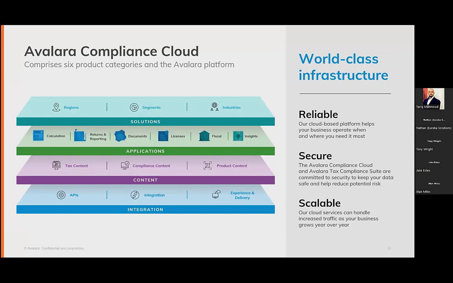We can manage exemption certificates for sales tax in the cloud. But I think what's key is we've invested in teams of CPAs and advisors to ensure content is up to date. Therefore, whenever any legislative changes are made, we apply those changes automatically and before the due date, ensuring our customers are always compliant.